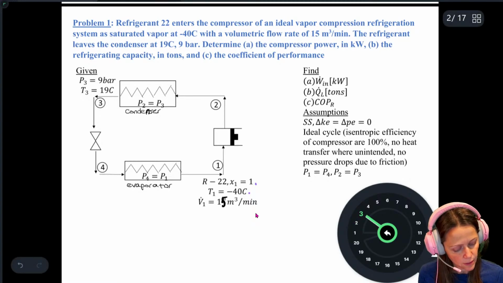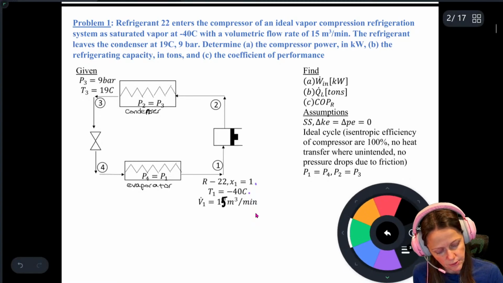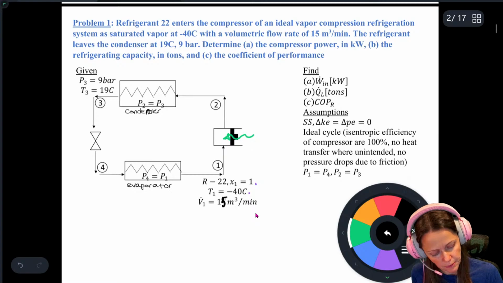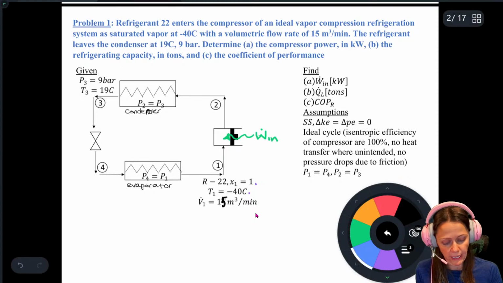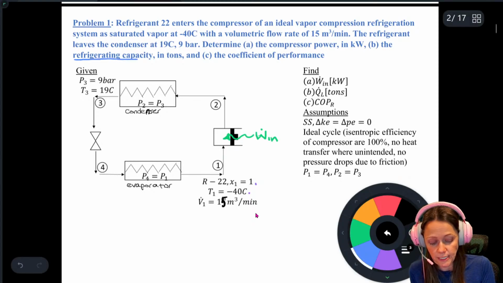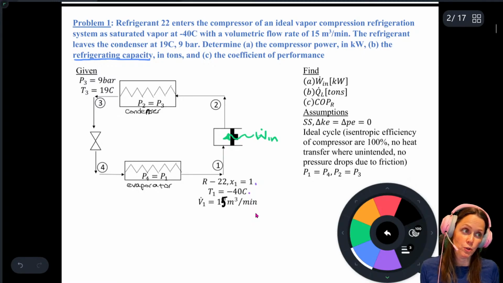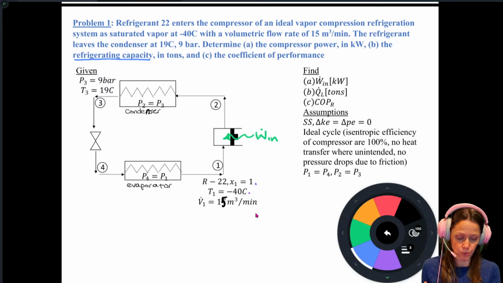We want to determine the compressor power, so that's going to be occurring between 1 and 2. This is my W dot in. And then we also want to find the refrigerating capacity. The refrigerating capacity is the rate at which you pull heat out of that low temperature reservoir.